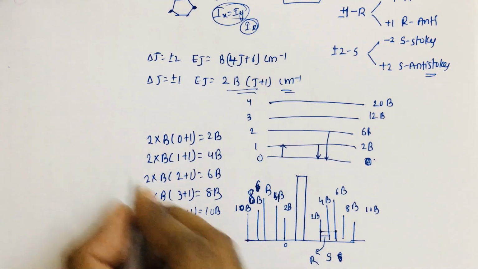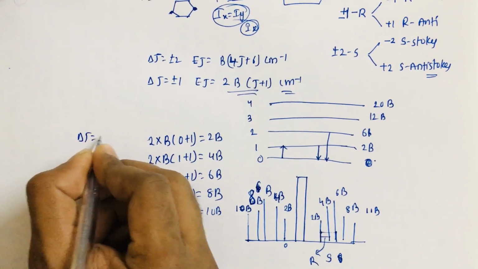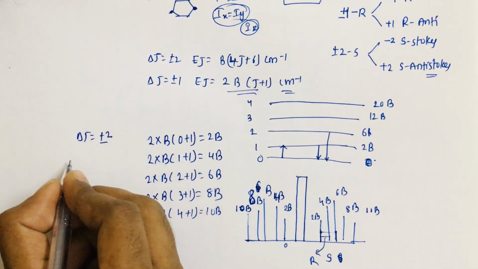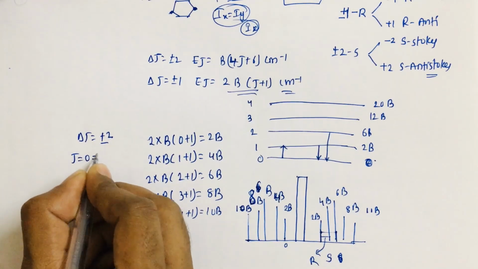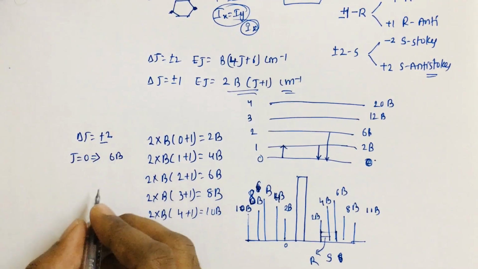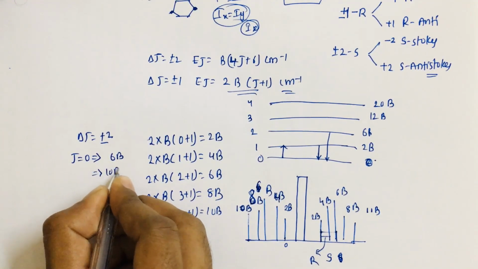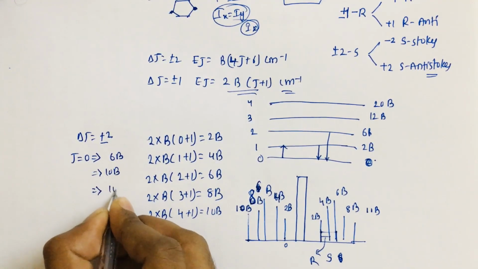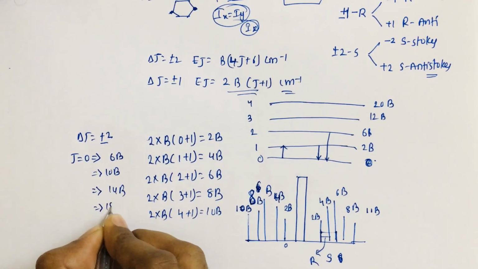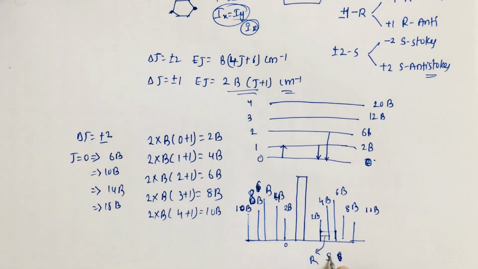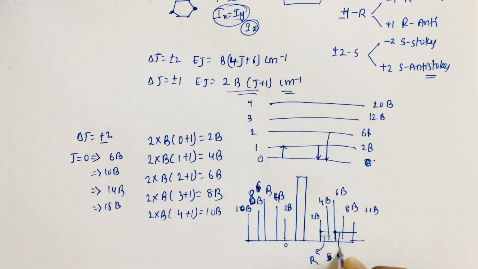When delta J equals plus or minus 2, at J equals 0 it will be 6B, then 10B, then 14B, then 18B, like that. So the S line will start from here, and this will be R.